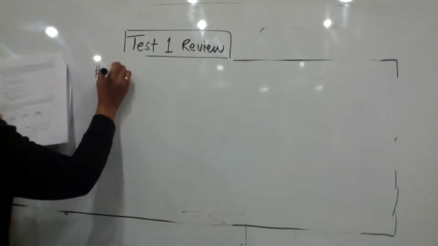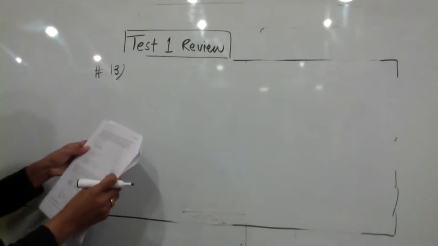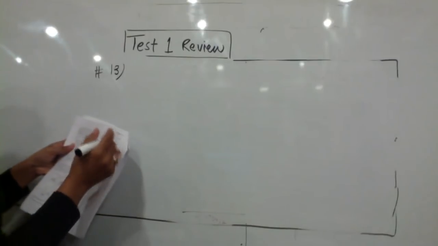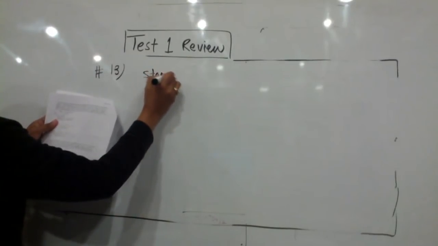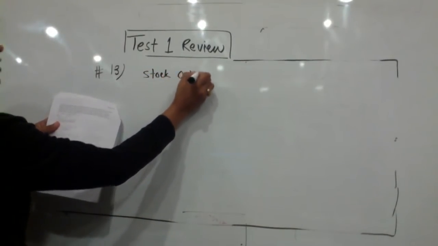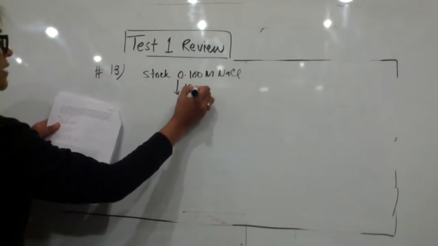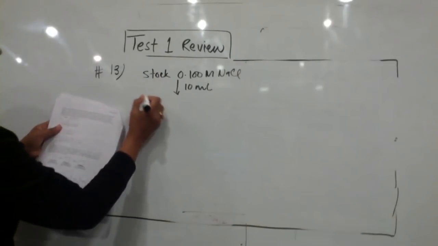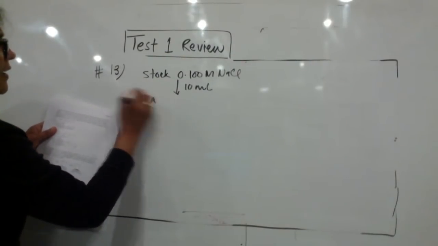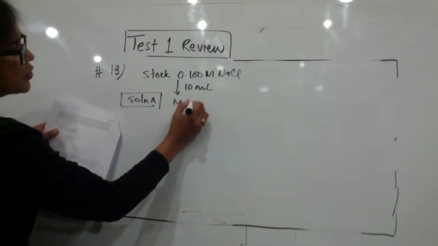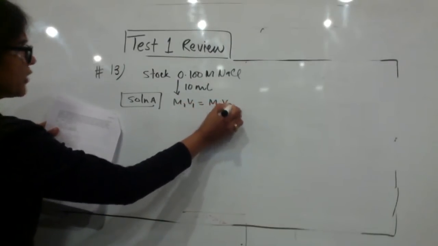Okay, number 13. A series of dilute NaCl solutions are prepared from stock. So stock is 0.100 molarity NaCl. You took 10 mL of this and you diluted to make solution A, right? So we'll do M1V1 equals M2V2.